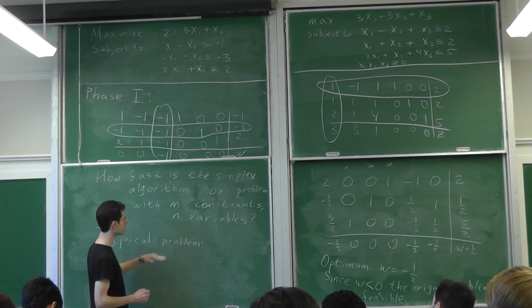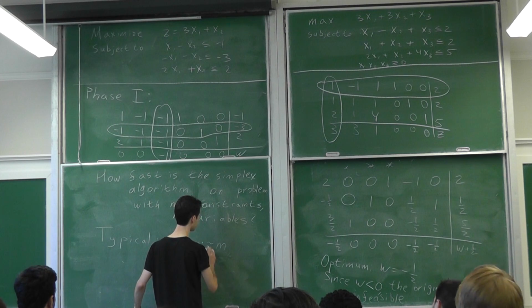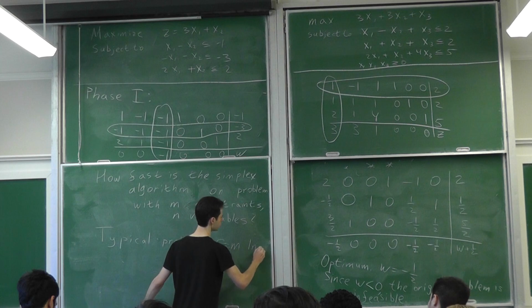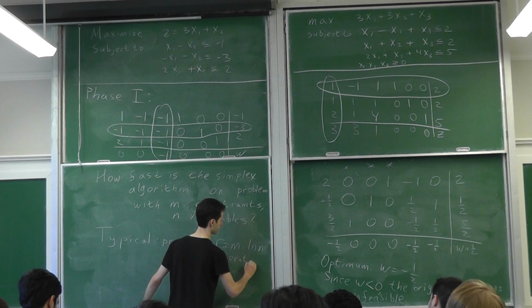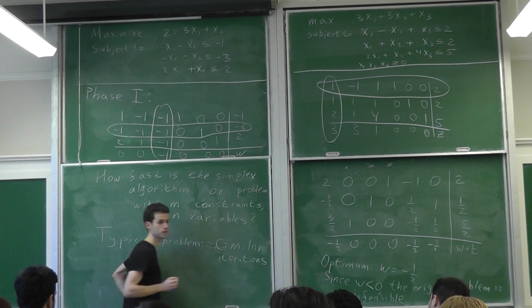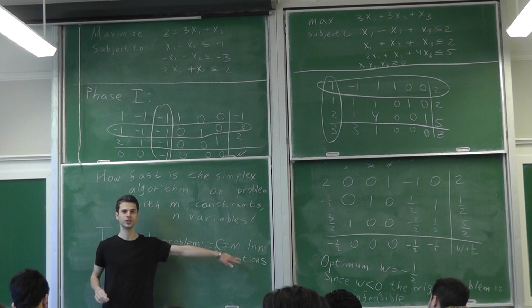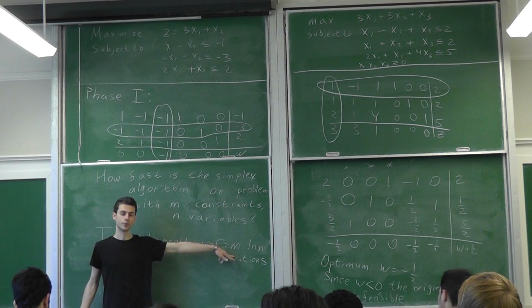But anyway, for a typical problem, you have something like some number times m times logarithm of n iterations. So the number of iterations will increase quite fast with the number of equations.